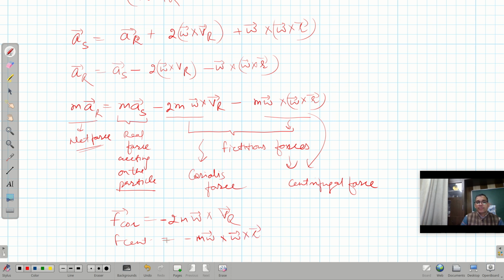This is the centrifugal force, and it is acting radially outward. In the next lecture I will talk about their nature and how these affect various things on Earth, because our Earth is also a rotating frame of reference moving with a uniform rotational velocity. So I think that's all for this lecture.